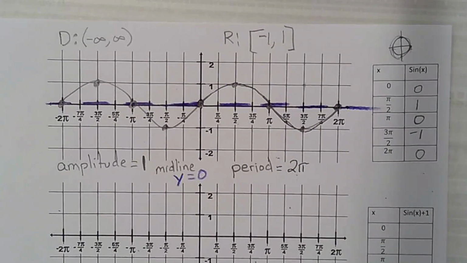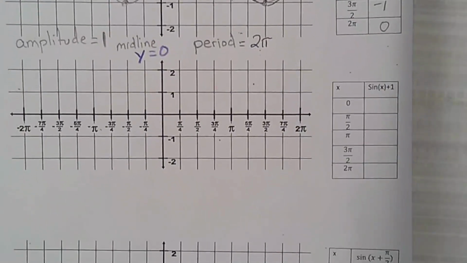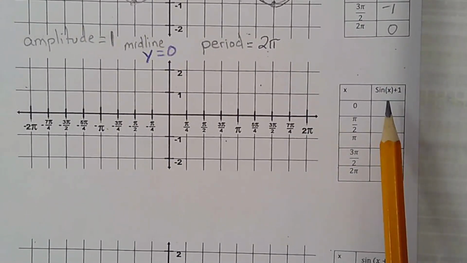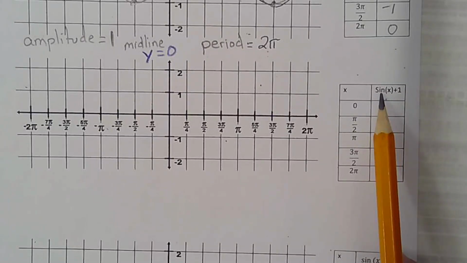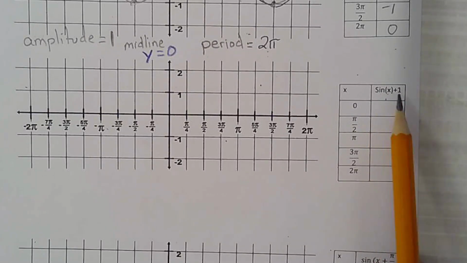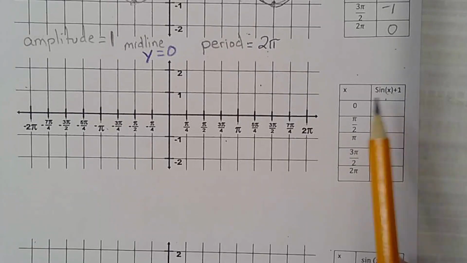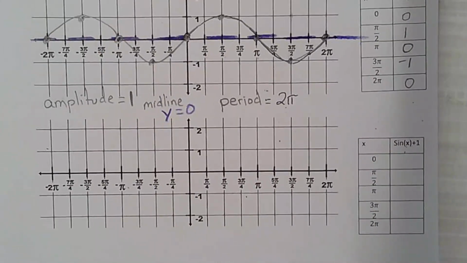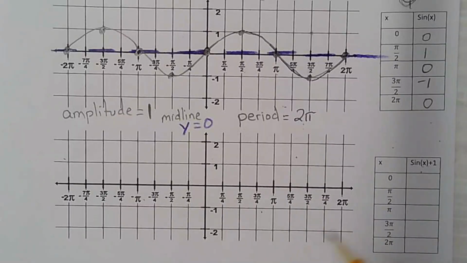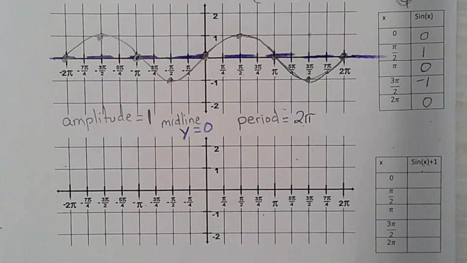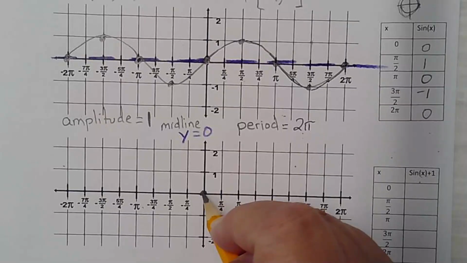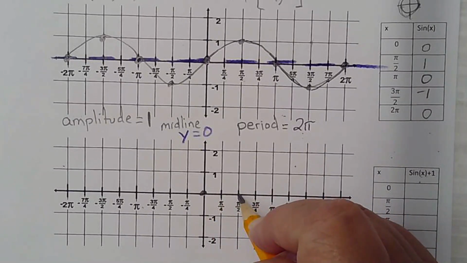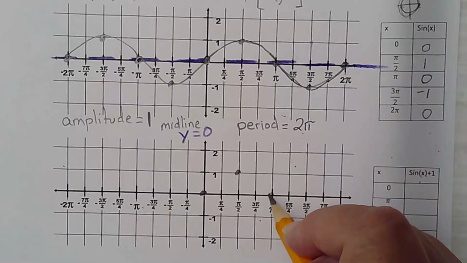All right, so now we're going to do a new function. Here's our function, sine of x plus 1. First, I'm going to come with my regular pencil and graph the parent function, the sine curve. So sine goes through 0. At pi over 2, it reaches 1. At pi, it goes through 0.